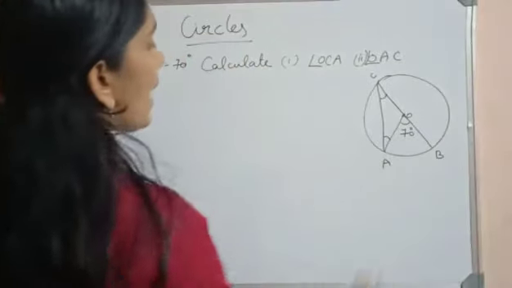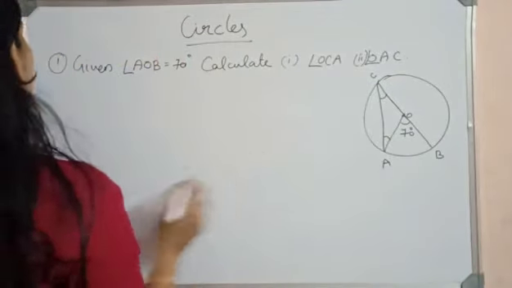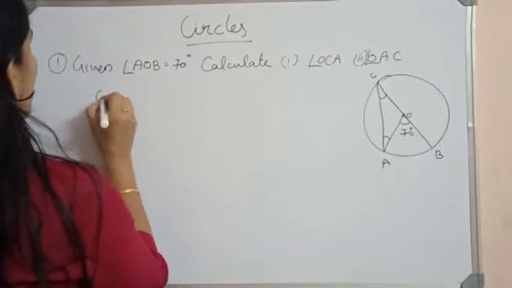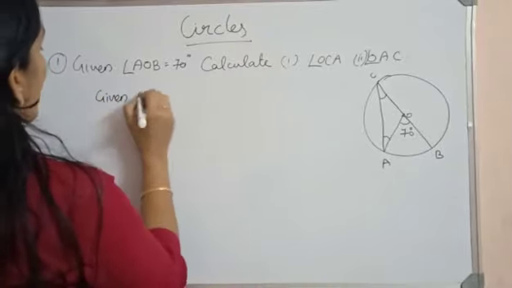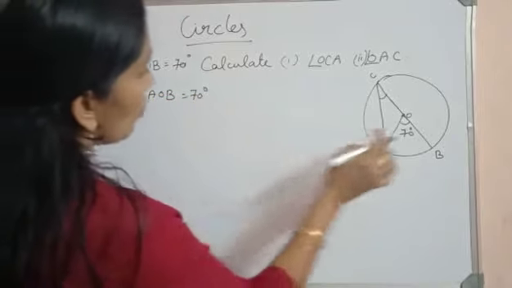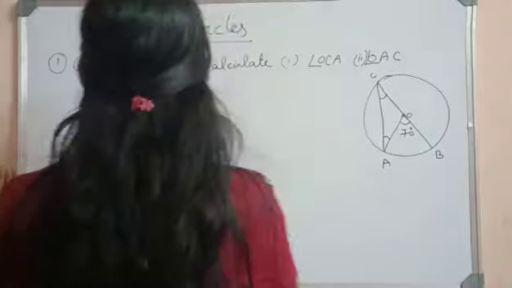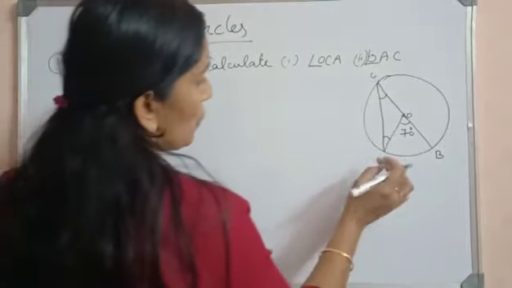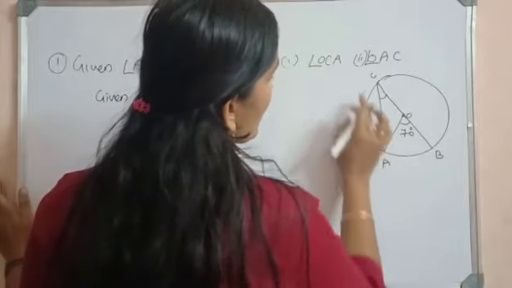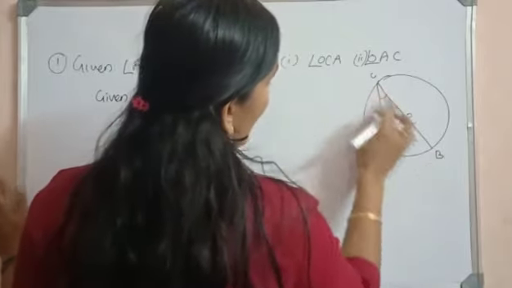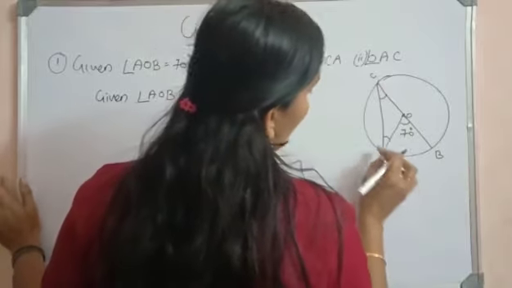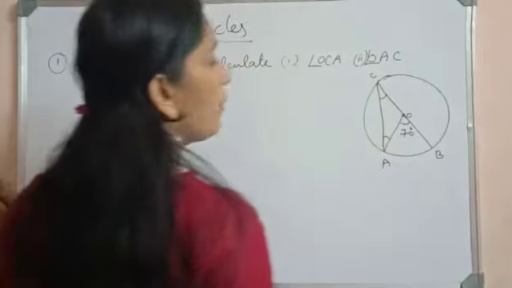Here it is given that angle AOB is 70 degree. So we can just write the data what is given. Given angle AOB is equal to 70 degree and here O is the center of the circle, therefore this is the central angle. Now if you consider angle AOB as well as angle ACB, we can say that this ACB is the inscribed angle and which is formed by the same arc AB itself.